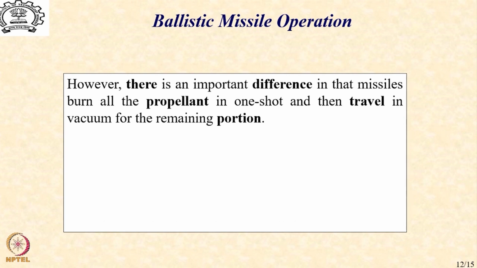However, there is an important difference in that ballistic missiles burn all the propellant in one shot and then travel in vacuum for the remaining portion of the trajectory without any thrust.